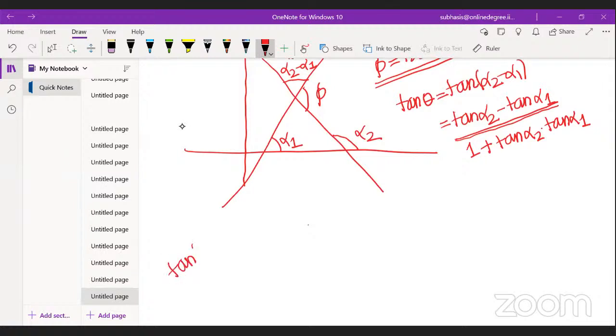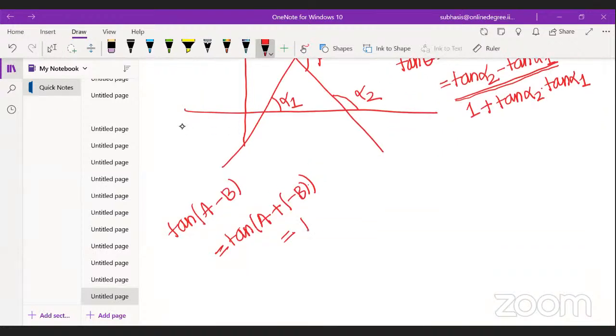See, tan(A minus B) is tan(A plus (minus B)), which is tan A plus tan(minus B) divided by 1 minus tan A into tan(minus B).